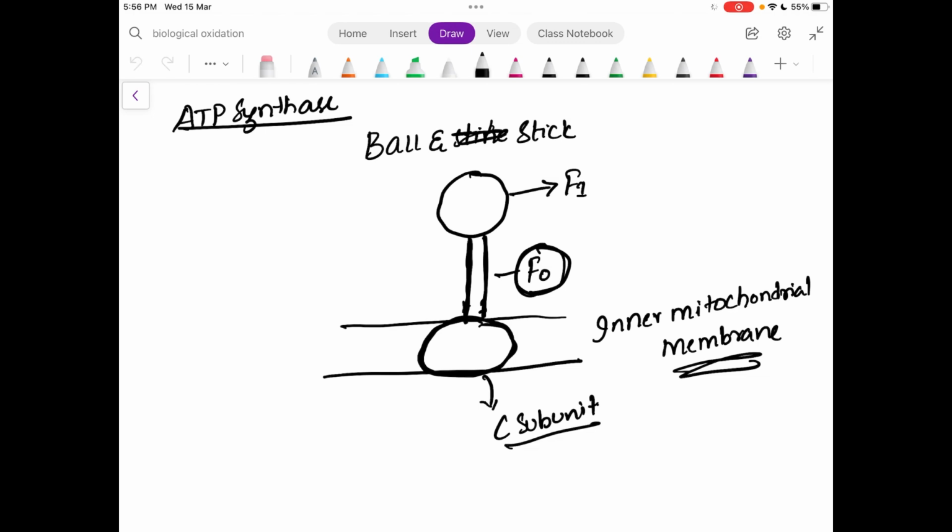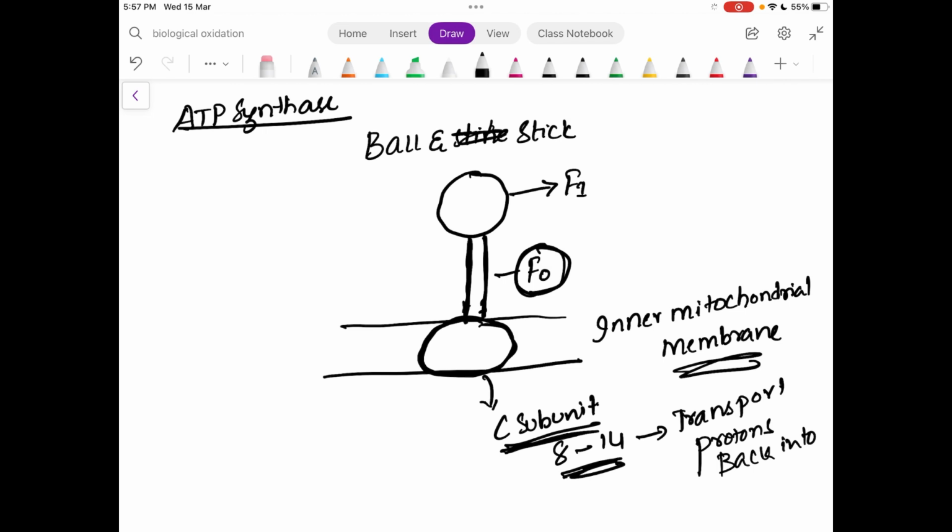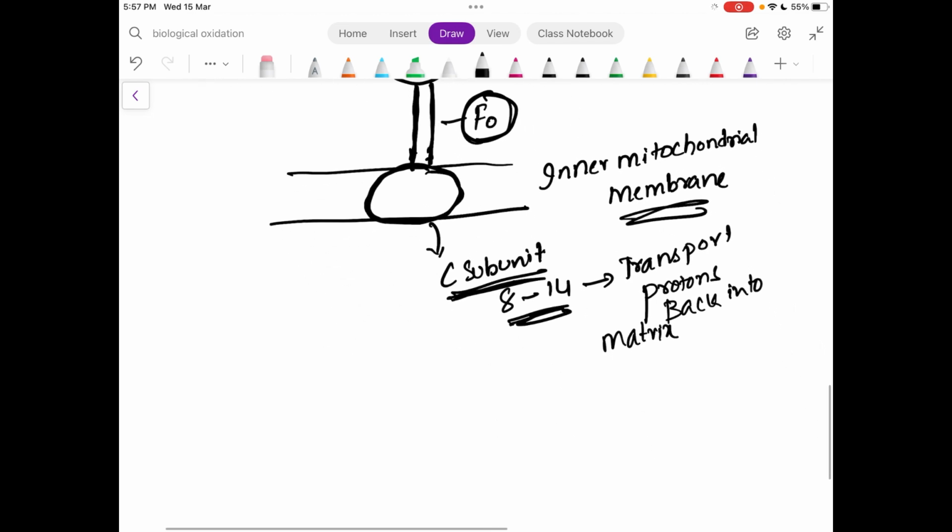In the C subunit, the number can vary from 8 to 14. Some ATP synthases will have 8 C subunits, some will have 9, some will have 10, some will have 14. These subunits transport protons back into the matrix.